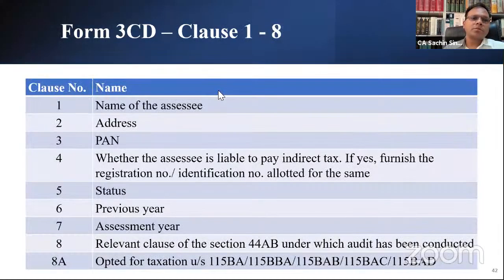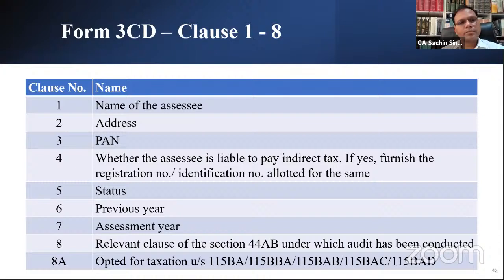So now come to the important points of the 3CD report. The total number of points given in the 3CD report is 1 to 44. However, within 1 to 44, there are 2 points which are not required to be reported this year. So the total is 1 to 42, and out of these 42 points, we will discuss the important points with you.